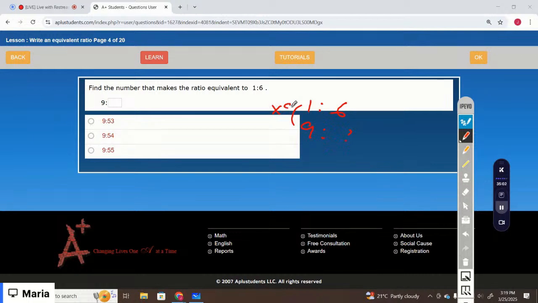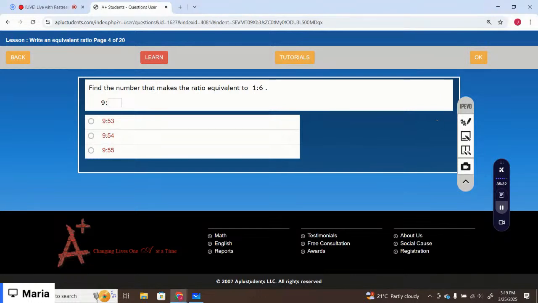So 1 times 9 is 9. And 6 times 9 is 54. That is 9:54. Option 2 is the correct option.